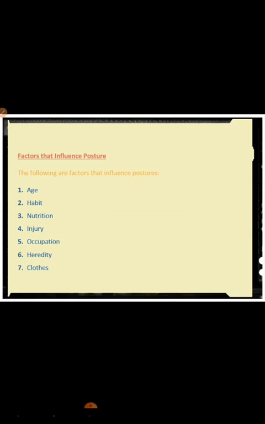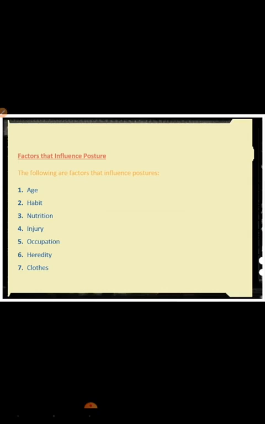We have the next one as occupation, that is long sitting, standing, or bending in the workplace. All this leads to fatigue. We have different types of occupation. Some people, like bankers for example, sit for a long period. So all this can influence the posture of an individual.